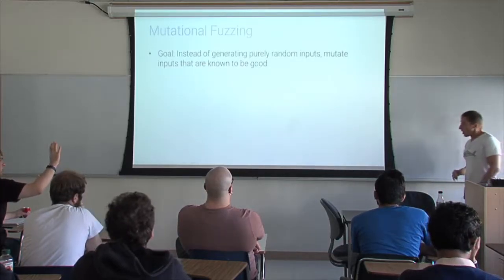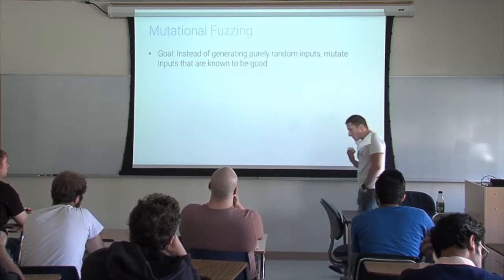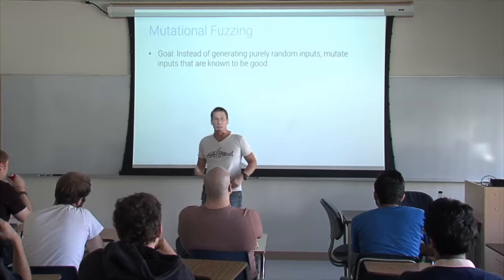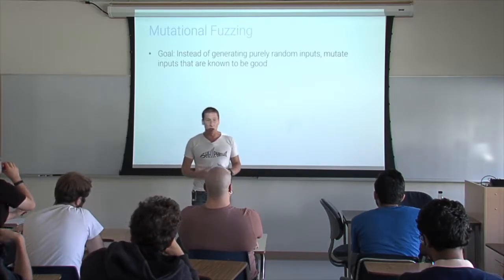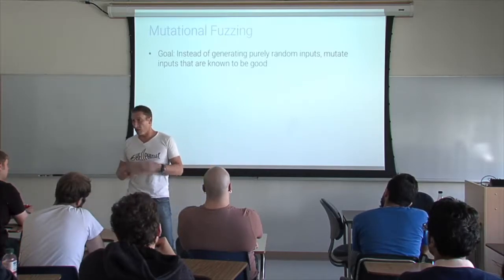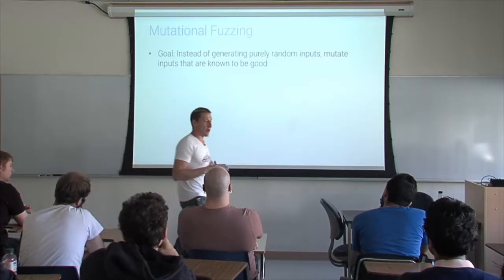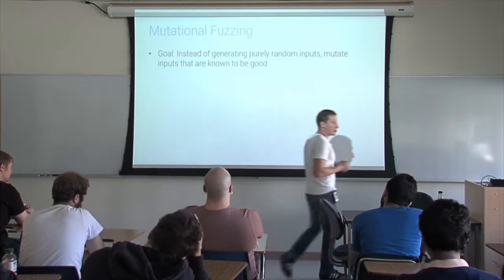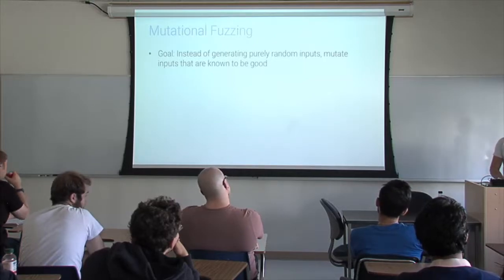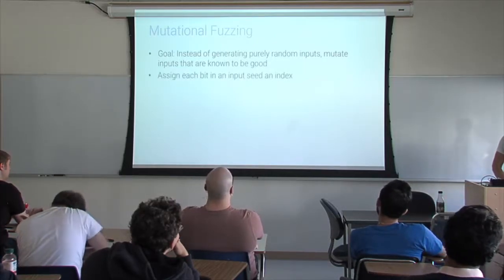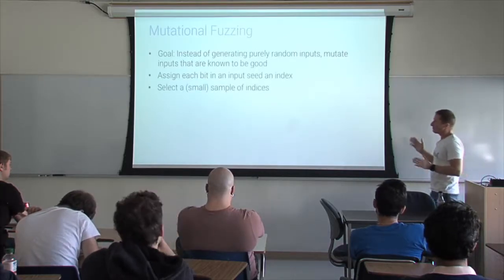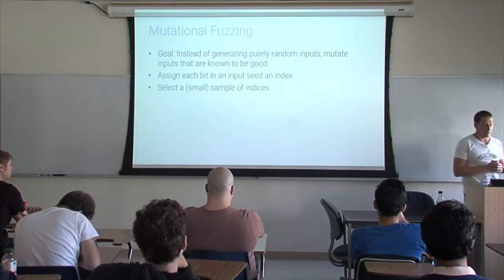A different way of approaching the problem is to use mutational fuzzing. Instead of doing this, you take an input that is, for example, a valid input. Imagine an image viewer. You take a JPEG that is actually a valid JPEG, and then you ask the system to modify this JPEG by flipping bits, providing some kind of positioning of every bit in the input.